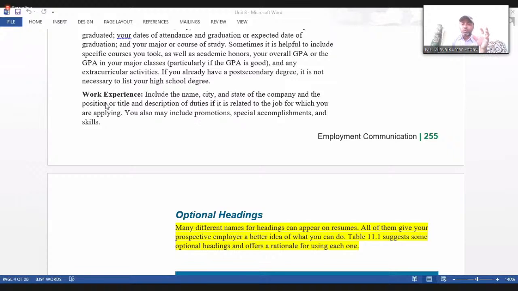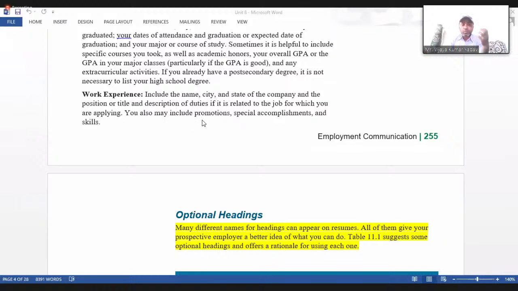What position, what post you had in that company, and what duties you carried out. So make a brief description of duties, if that is related to the job for which you are currently applying. Okay. So if those duties are related to the job for which you are applying, you also give a brief description of the duties.